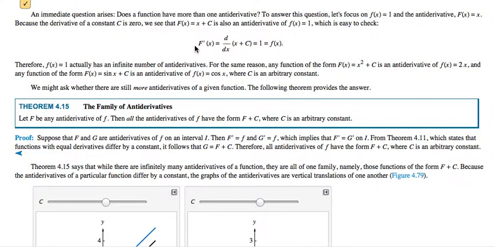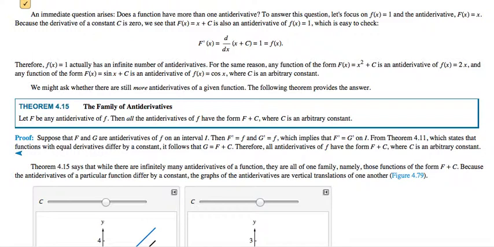Which is easy to check because here F prime of x is the derivative, now with respect to x, of x plus c. And that equals 1, which is what we wanted to end up with. So f of x equals 1 has an infinite number of antiderivatives. We have x plus any given constant.